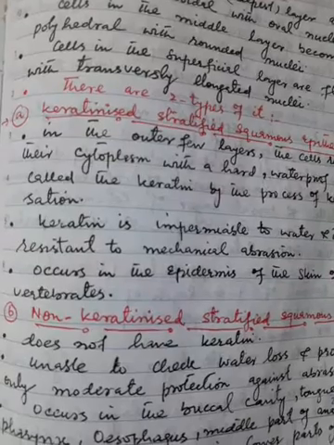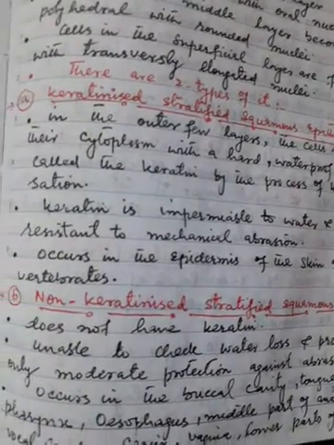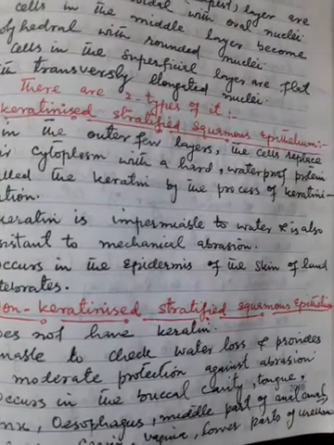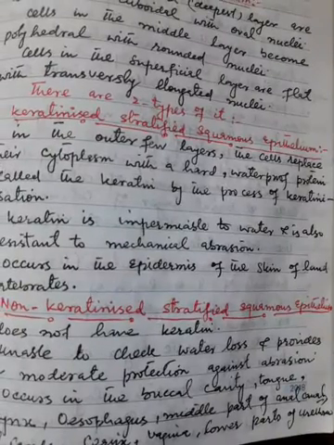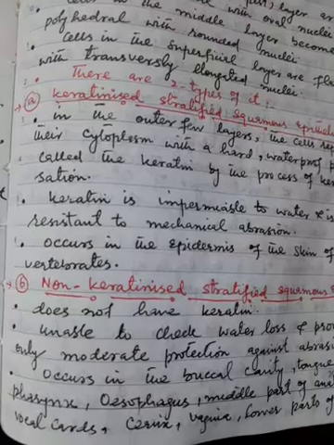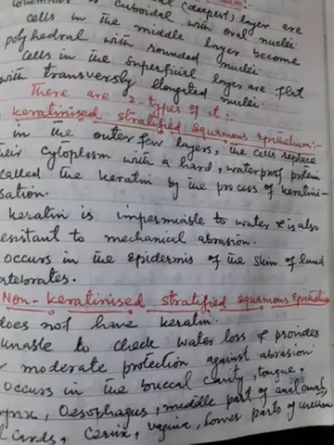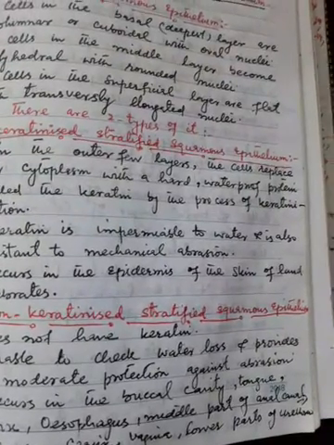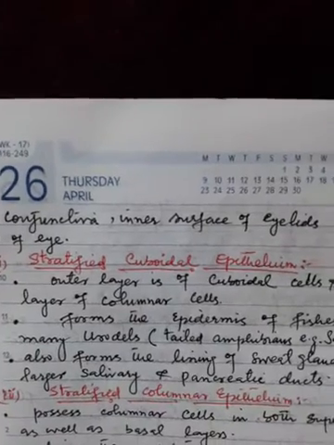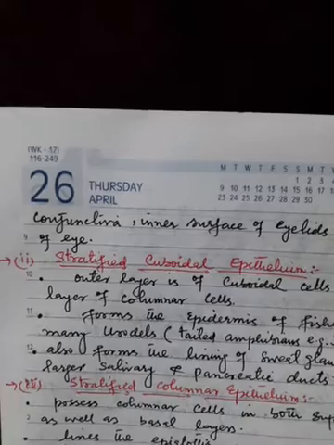This type of tissue occurs in the buccal cavity, tongue, pharynx, esophagus, middle part of anal canal, vocal cords, cervix, vagina, lower parts of urethra, conjunctiva, inner surface of eyelids, and cornea of eye.